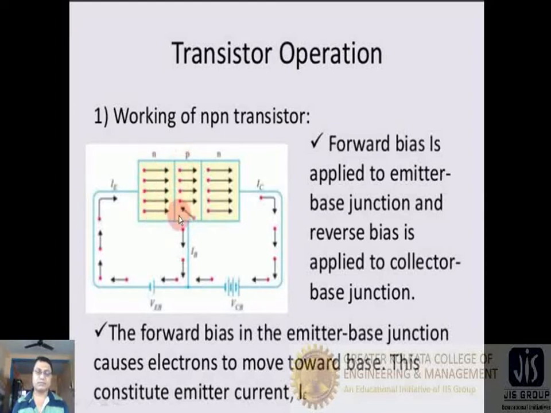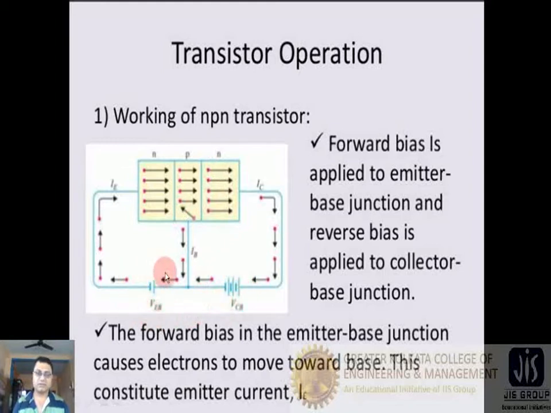In the case of the P, holes are the majority carrier and electrons are the minority carrier. In the collector region, here also the electron is the majority carrier. But we have to keep in mind that the emitter base junction, that means this N and this P, is forward biased, and the collector base junction, that means the N region of the collector and the P region of the base, is reverse biased with the help of this battery.